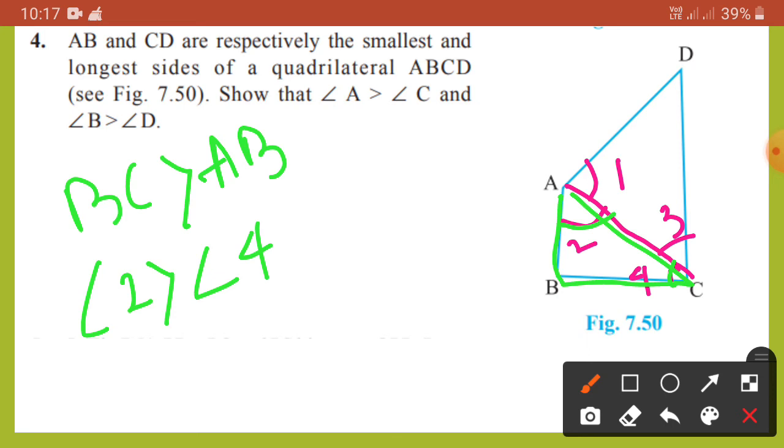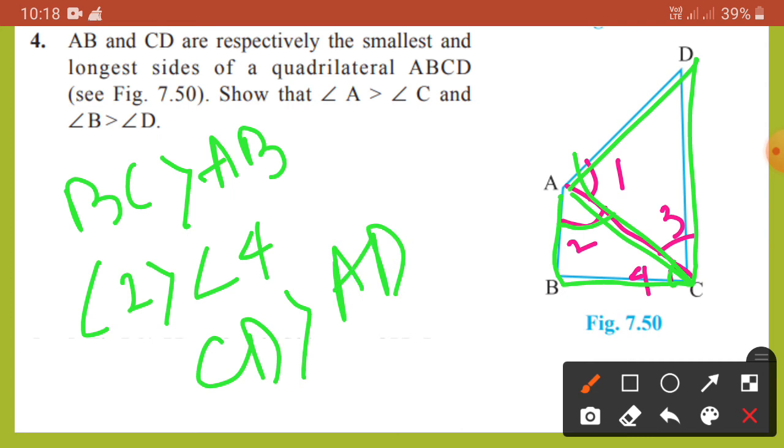And also in triangle ACD, CD is greater than AD, because CD is the longest side, so angle 1 is greater than angle 3.